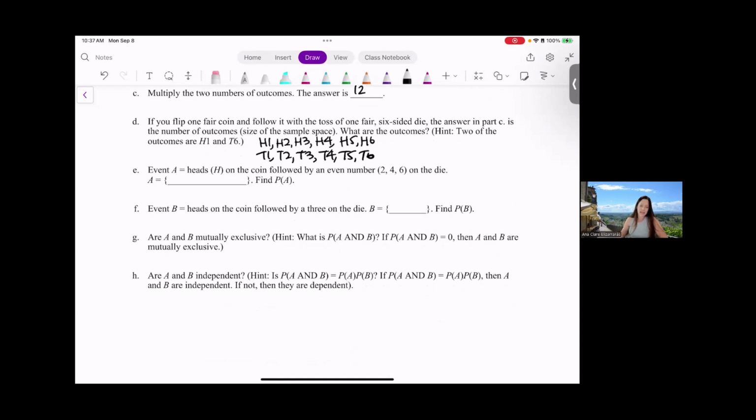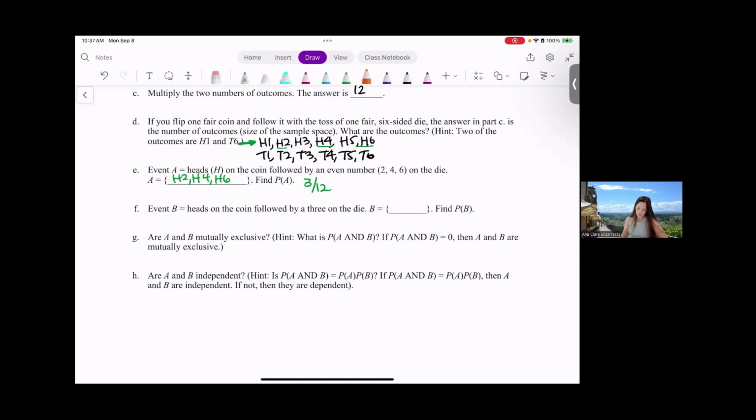If event A is heads on the coin followed by an even number, then we're looking at heads only and evens. So the outcomes are heads 2, heads 4, heads 6. And the probability is then 3 out of the 12 total.